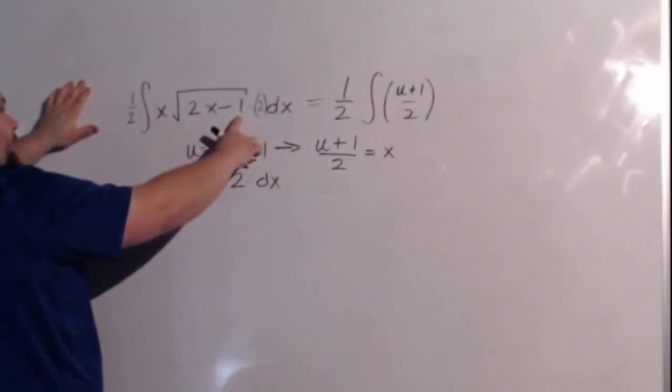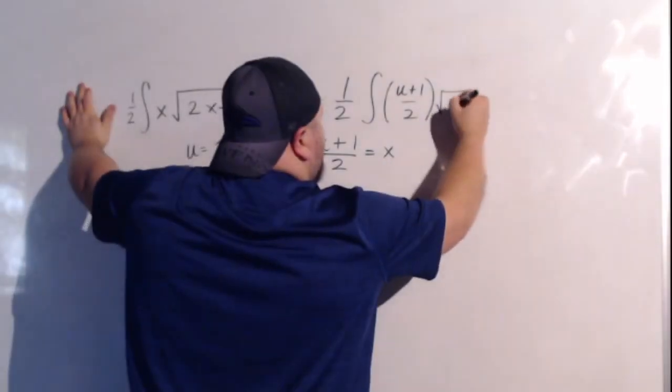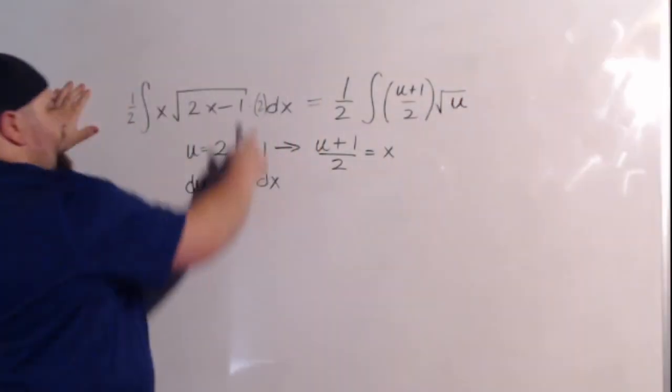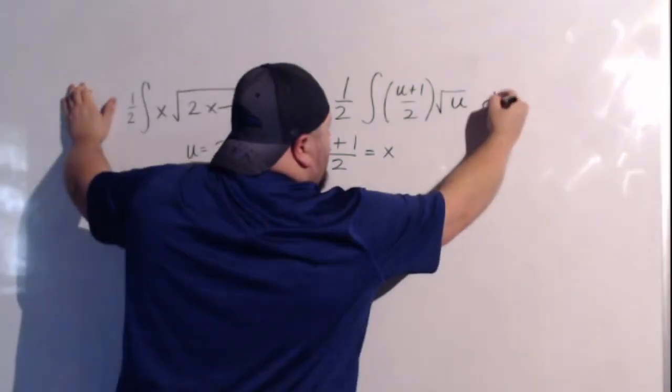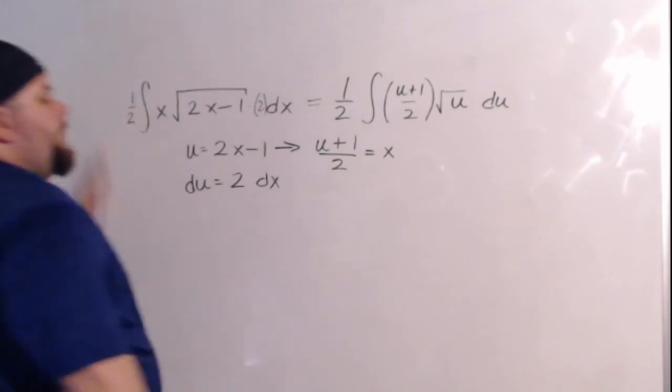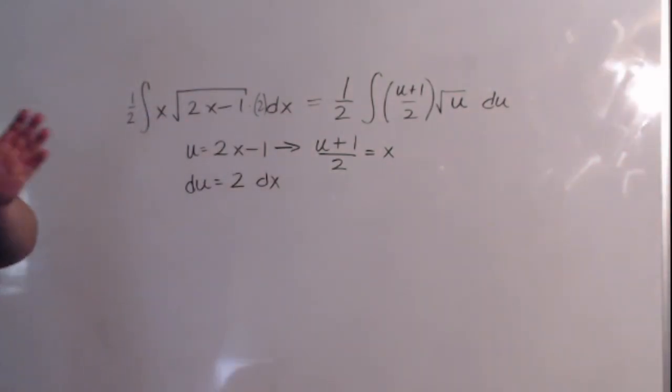Everything under the radical is equal to u, and 2 dx is du. Okay? So you should see that that integral now is all in terms of u.